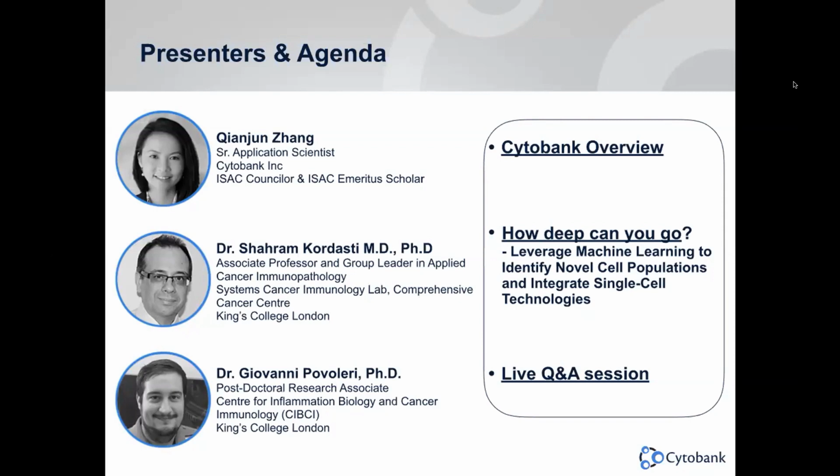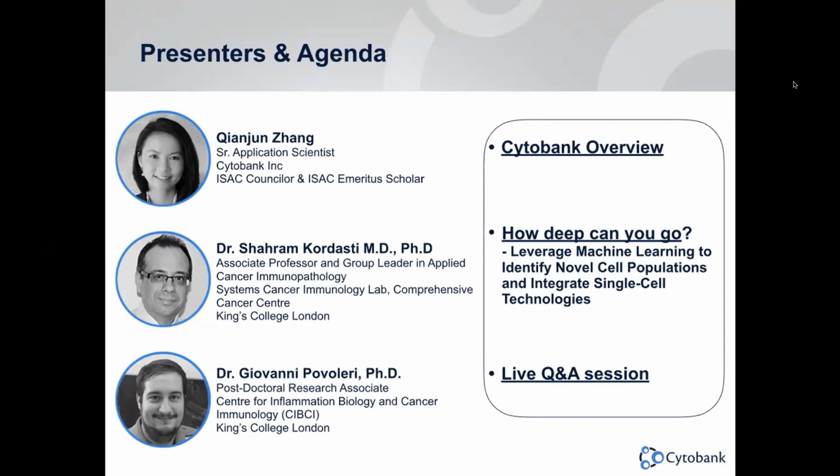And Dr. Giovanni Povoleri is a Postdoctoral Research Associate at the Center for Inflammation Biology and Cancer Immunology at King's College London as well. Dr. Shahram is our regular guest now, and you may find links to his past webinar recordings about deep profiling Tregs in aplastic anemia and another talk about cytocluster R in my later slides.